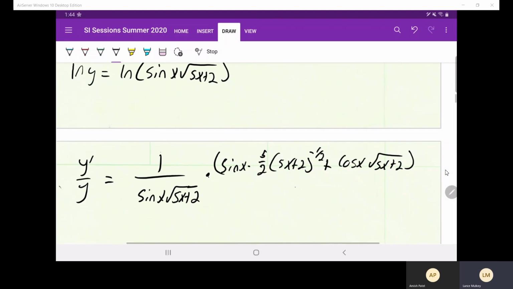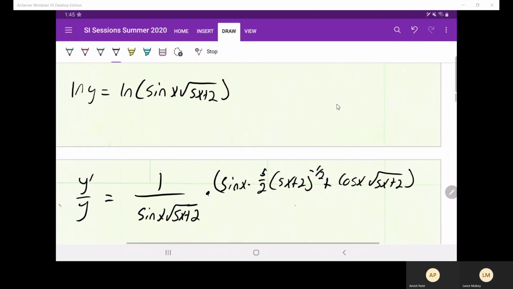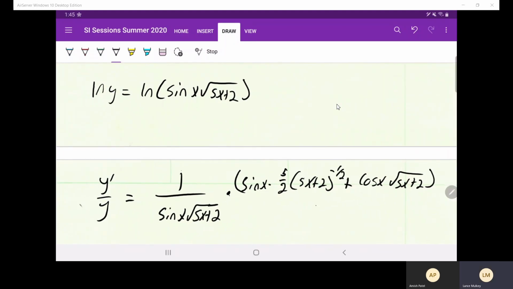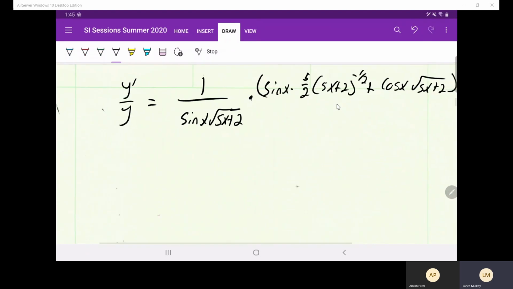All right. So I'm assuming the problem is with simplifying. So now we got to multiply by y, so y prime equals y over sine x square root of 5x plus 2.